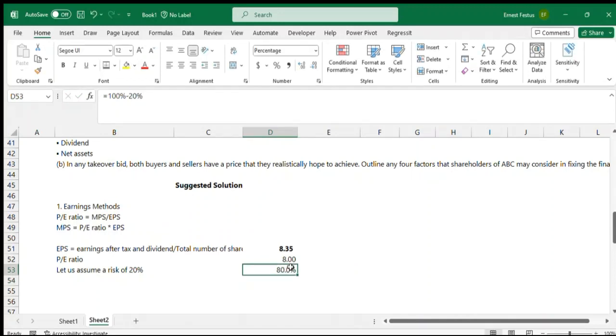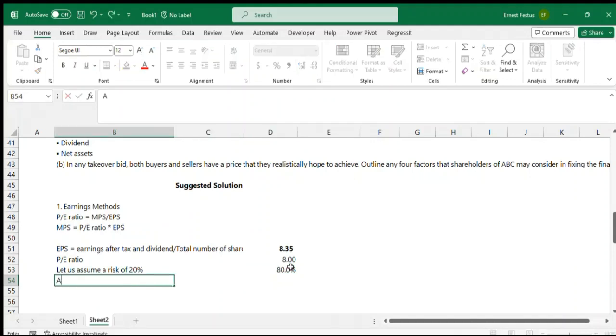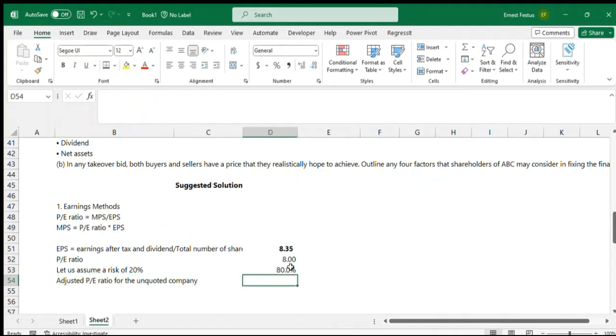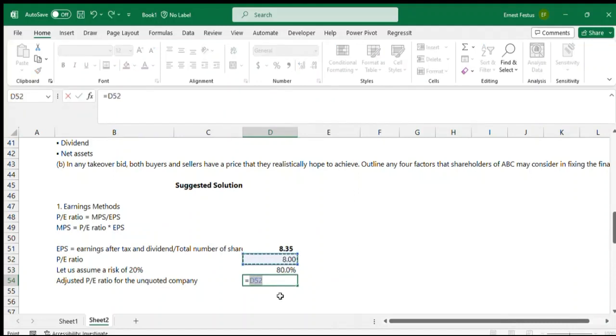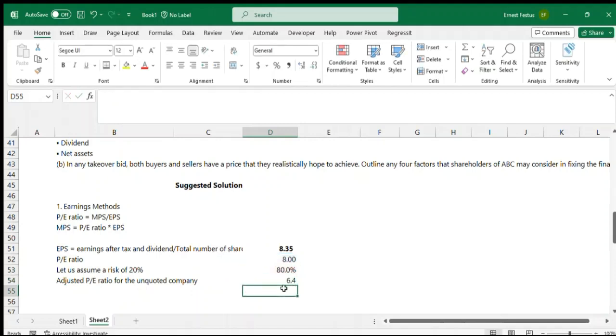After getting our 80%, we will have an adjusted PE ratio for the unquoted company, and that will be equal to our 8% multiplied by the 80%, and we have 6.4.